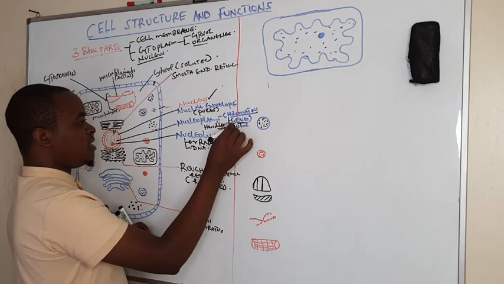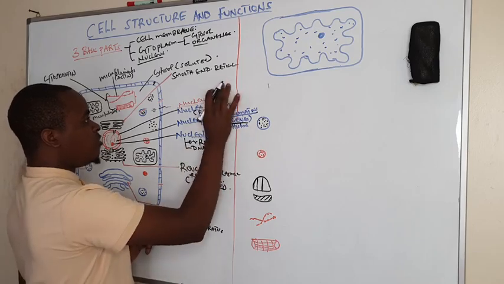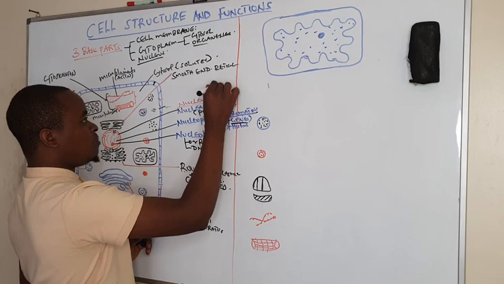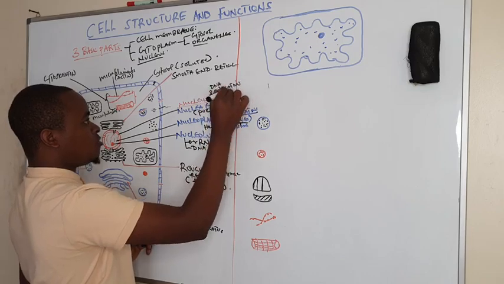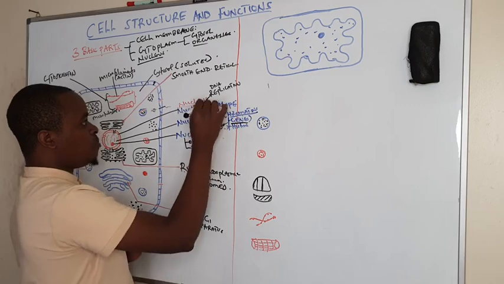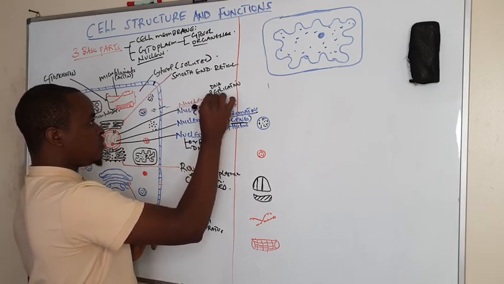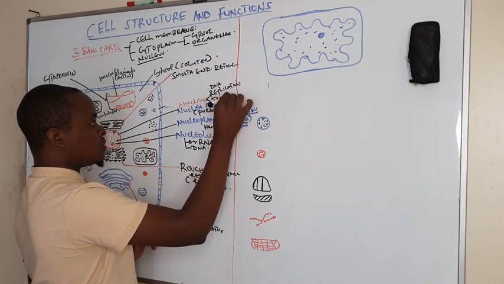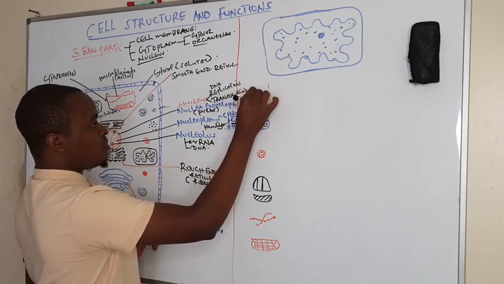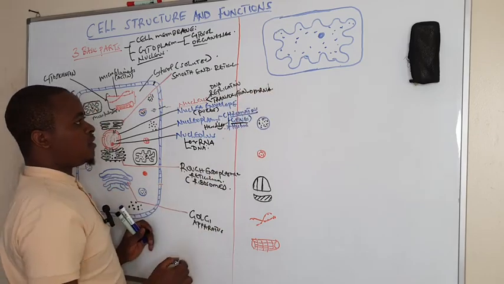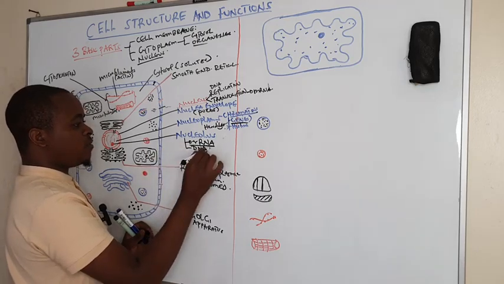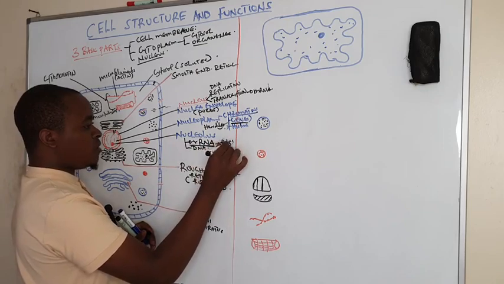These genes are within the DNA, whereby it can perform what we call DNA replication, to form more DNA, and then it also performs what we call transcription. This transcription enables the formation of messenger RNA. Then there is also production of ribosomal RNA in the nucleolus, which is responsible for formation of ribosomes.